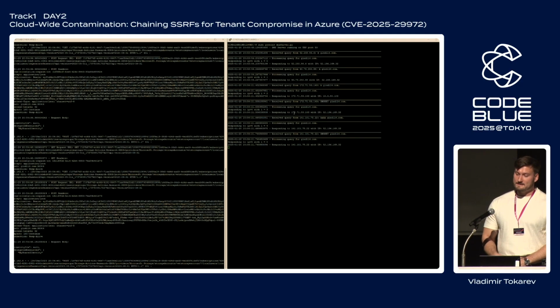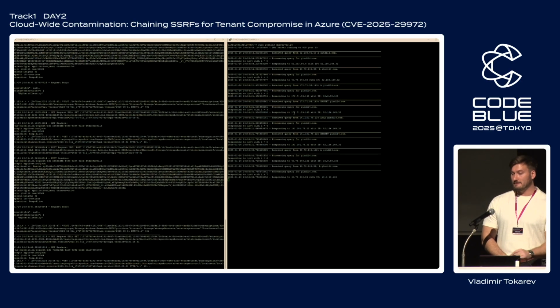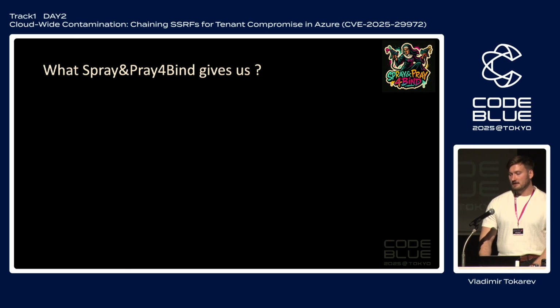Here we can see a lot of GET and then POST attempts. This POC took more or less 5 minutes, and I just cut it short because we don't want to look at it for 5 minutes. And in the end, we'll see only the GET query, which is exactly right now. And this means that the POST was sent to the target IP, which basically means that the spray and pray for rebind worked.